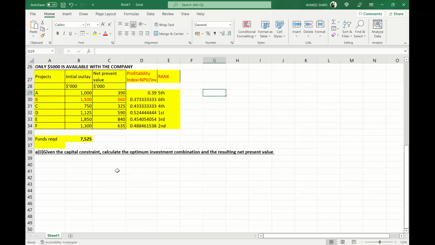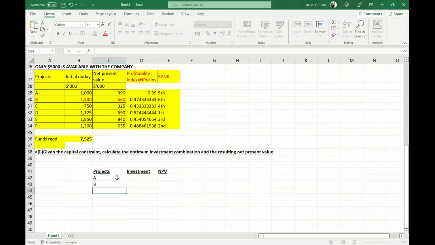How? Pay attention. Put three headings: projects, investment, NPV.